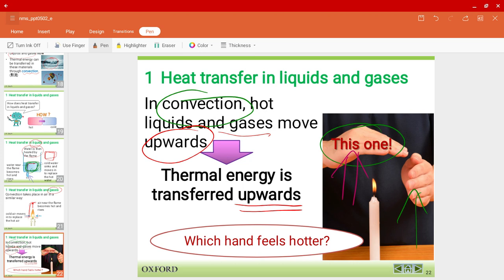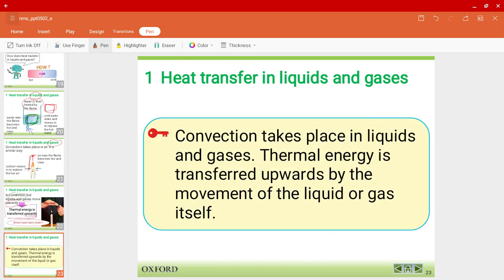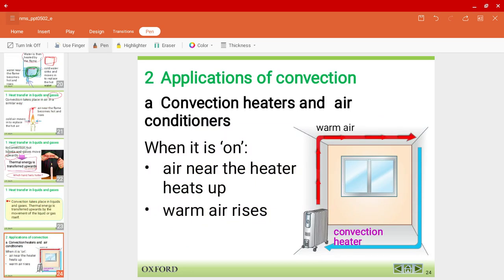Now, keeping this logic in mind, let's see some examples. In convection, let's talk about heaters first. Heaters, of course, are placed on the ground, and when we turn on the heater, the air near the heater heats up, right? And the warm air would rise.